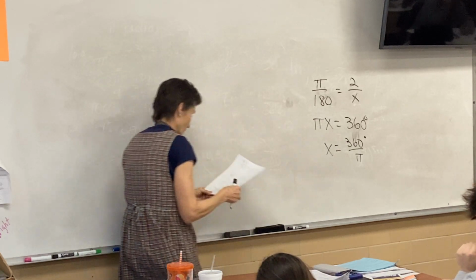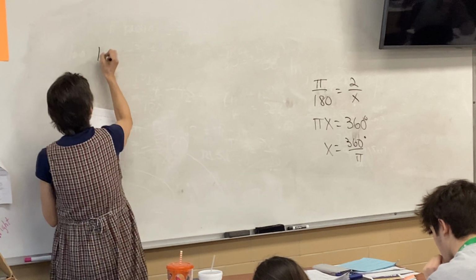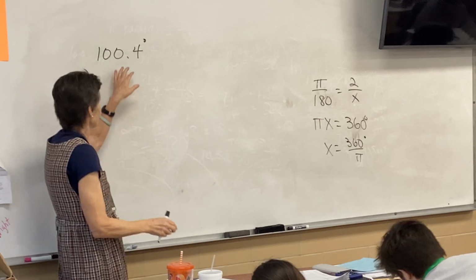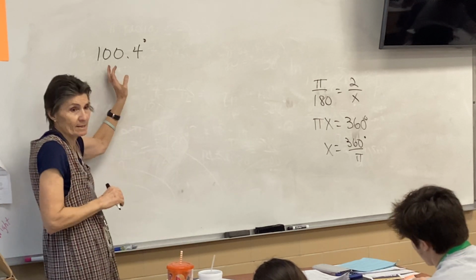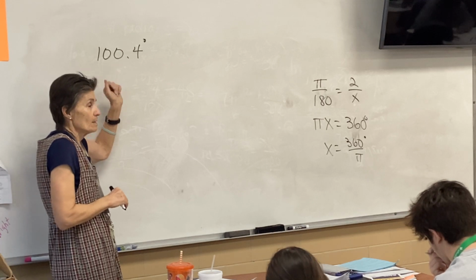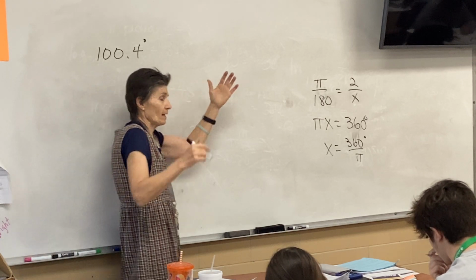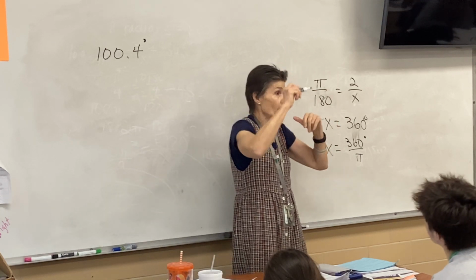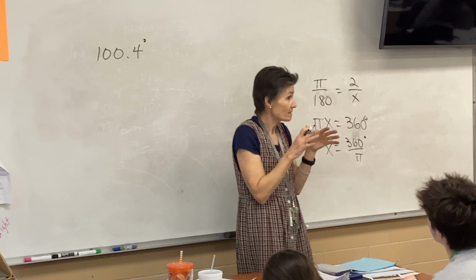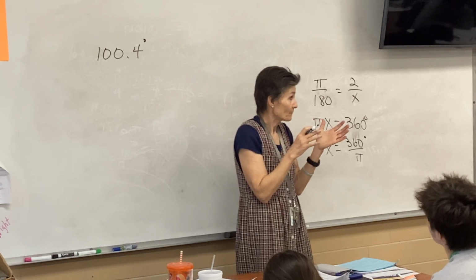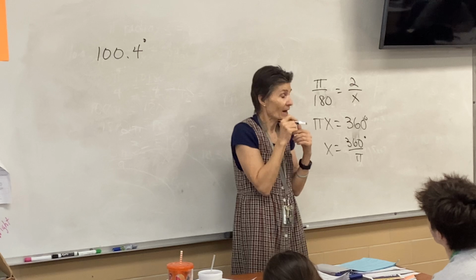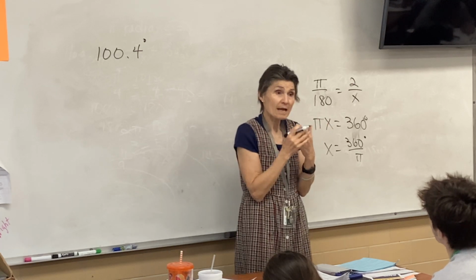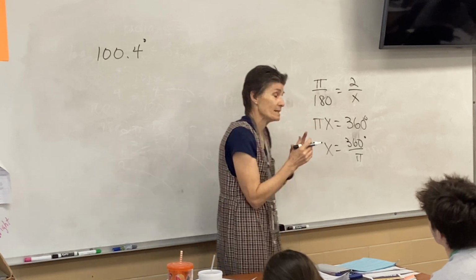Now, we're going to look at changing, this is called a decimal degree, 100.4 degrees. It's a decimal degree. You know how, like, if you have a regular clock, the hour is divided up into 60 pieces called minutes, and then minutes are divided up into 60 pieces called seconds. The same actually works for degrees.